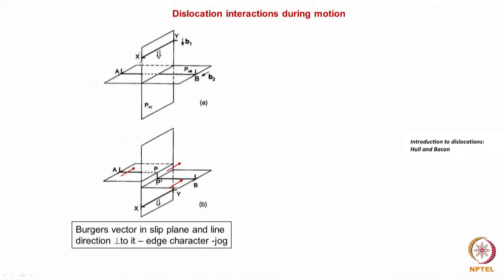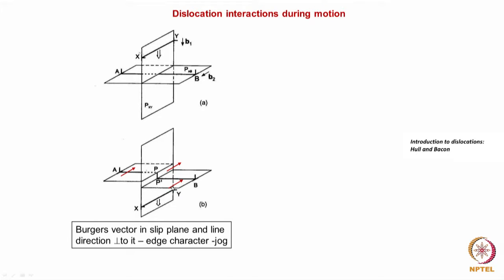In this case, the dislocation in the horizontal plane cuts through the dislocation in the vertical plane. Since the Burgers vector of this dislocation is in the same direction, it will not create a stub, because the stub which is created is in the same direction as it. So essentially, a step is created only in this dislocation, but not in this dislocation.